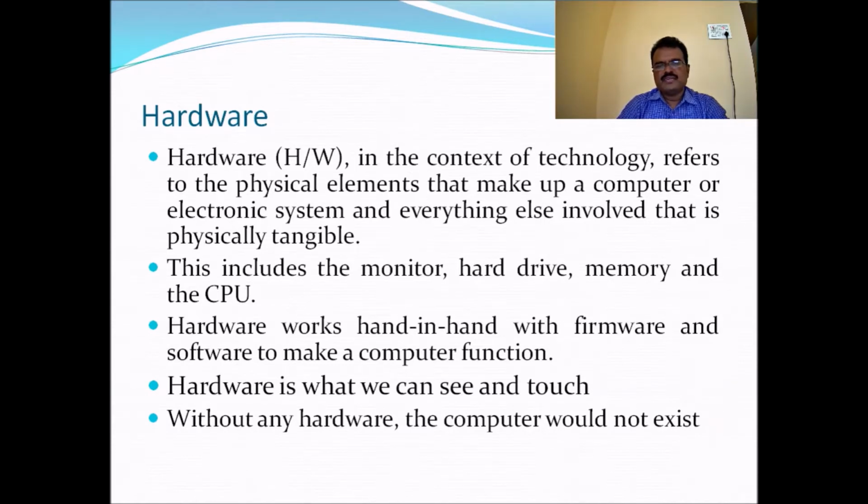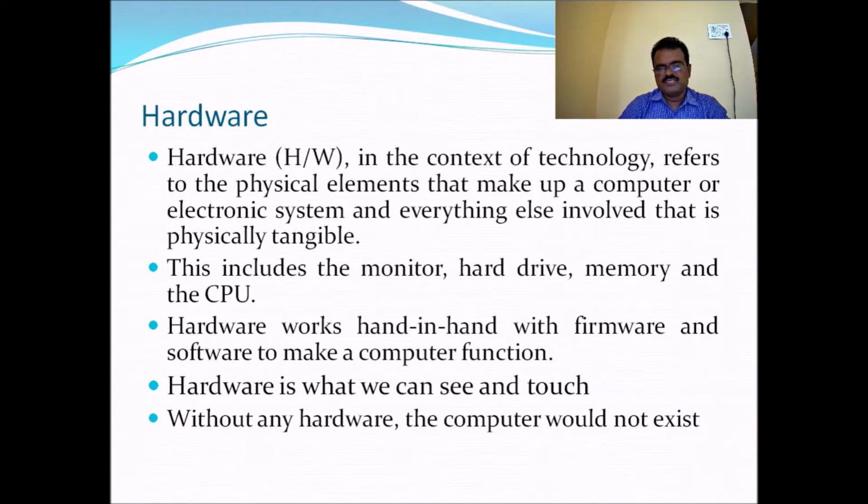So we can say all the physical parts, elements, and components that make up a computer or an electronic system are called hardware. The physical components of a computer are what we can see and also touch.